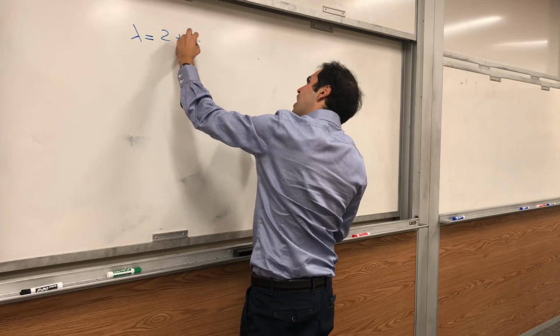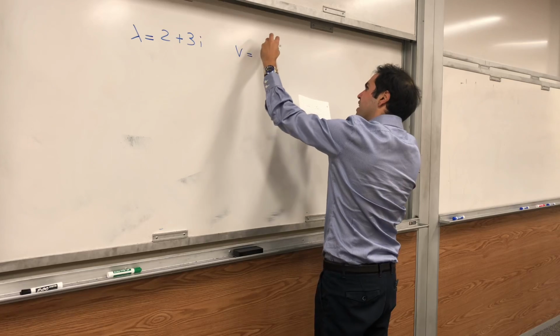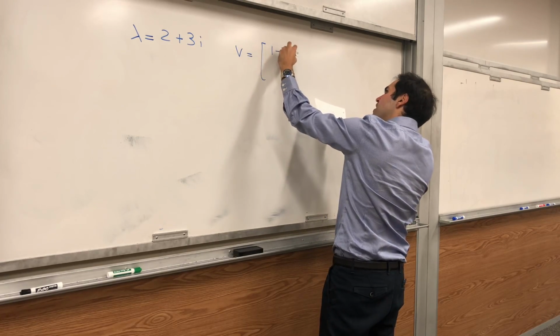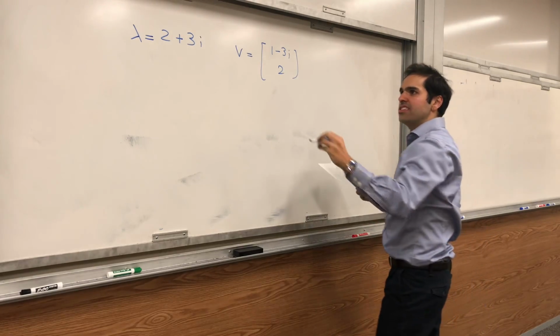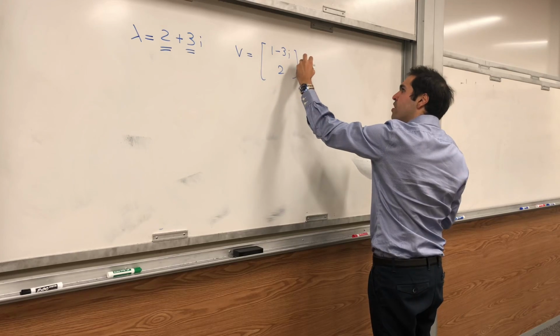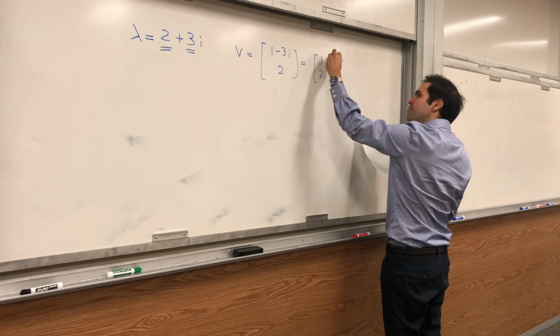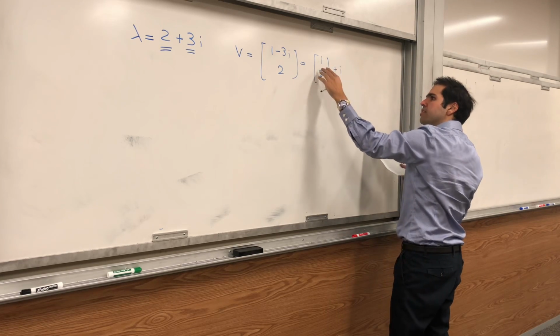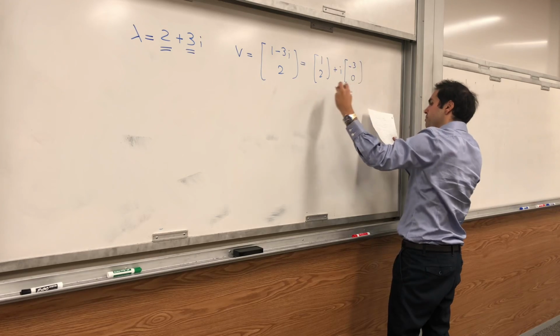Well, remember, one eigenvalue is 2 plus 3i, and the corresponding eigenvector is 1 minus 3i and 2. And notice lambda, we can split it up into real and imaginary parts. And also v, we can split it up into real and imaginary parts. Because it's 1, 2 plus i times minus 3, 0.